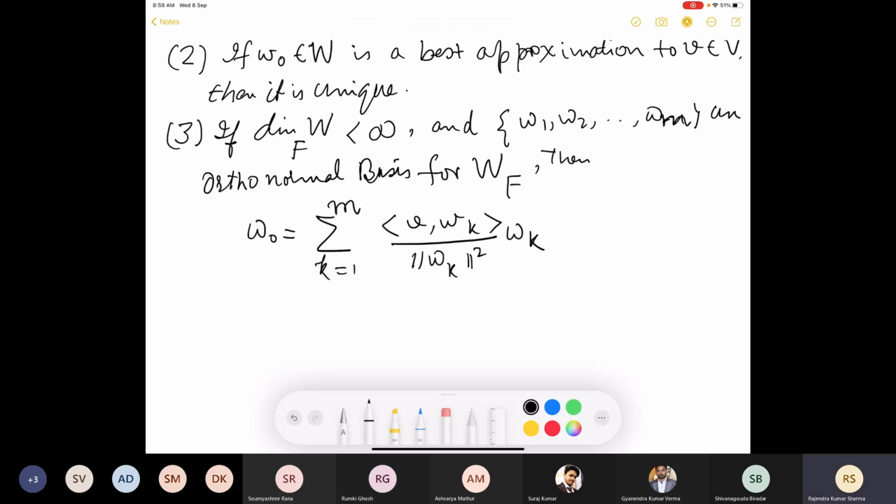Naturally, this is the unique and best approximation, and this is unique already we have proved from part 2. Best approximation of v by vectors in W.